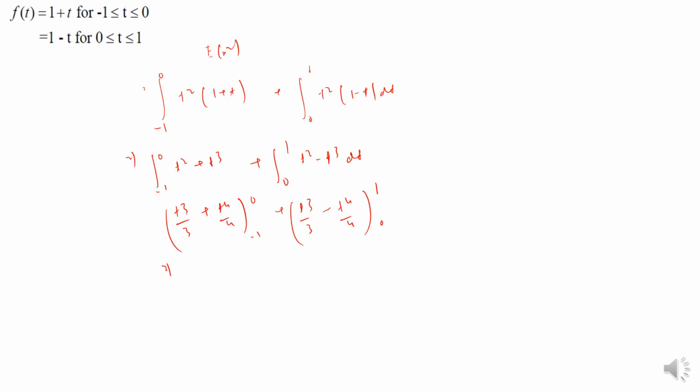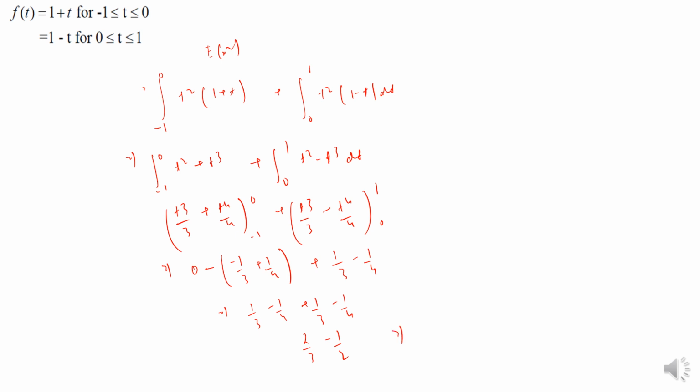Now this is 0 minus, this was for the upper bound. Now the lower bound is minus 1 by 3 plus 1 by 4, plus 1 by 3 minus 1 by 4. So this is 1 by 3 minus 1 by 4, 1 by 3 minus 1 by 4. This is 2 by 3 minus 1 by 2.